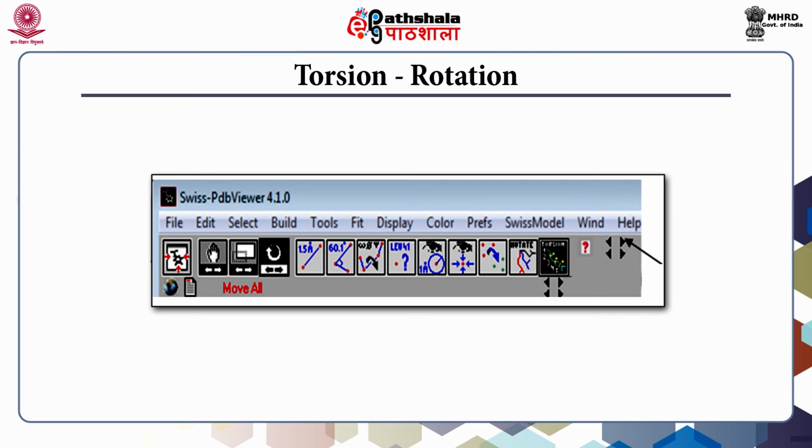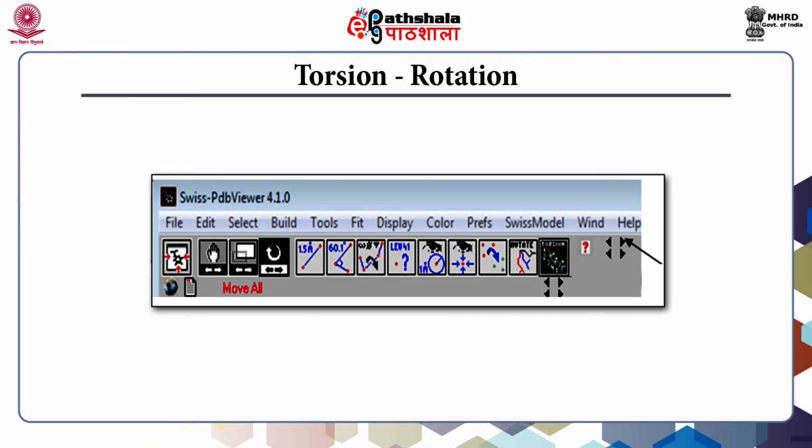This will display 4 pairs of arrows near the torsion tool. These arrows can be clicked to change the torsion angles. First button will change phi, second button will change or adjust psi, but third pair of buttons will change rotation around alpha and beta carbon of the tyrosine, that is C alpha and beta carbon of the side chain.